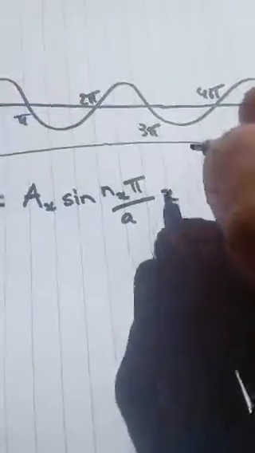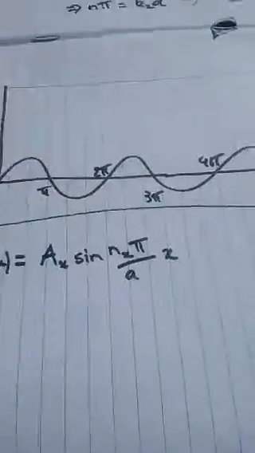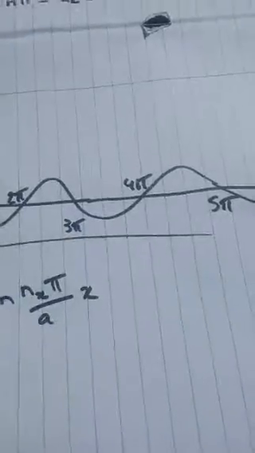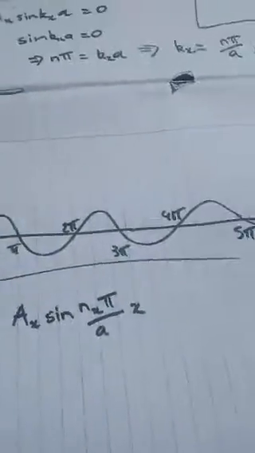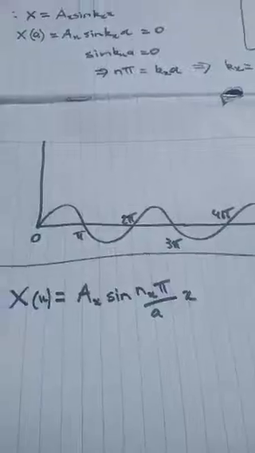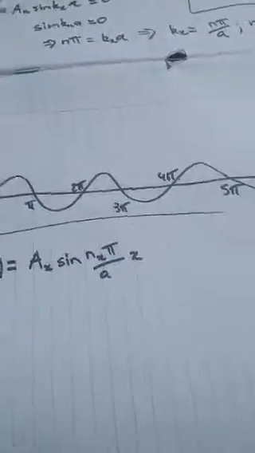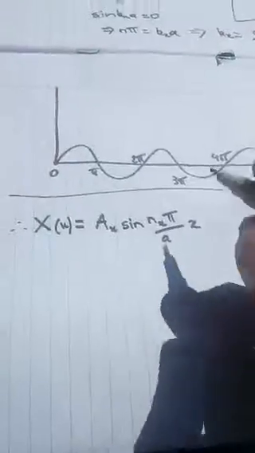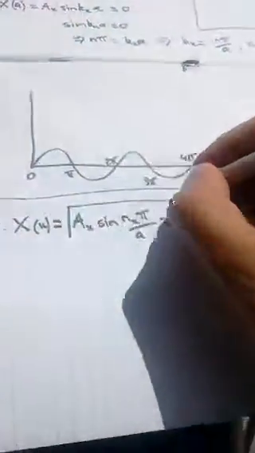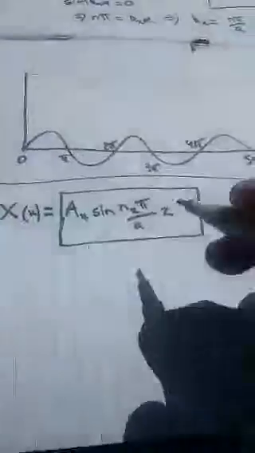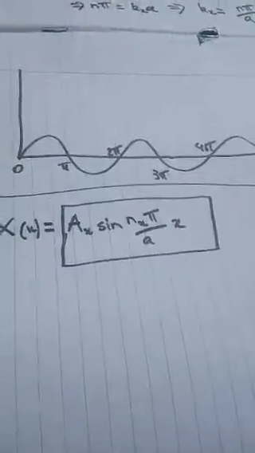And that should be an x there as well. Now, let's make sure I've done this right. I am correct. Excellent. So there you go. So now we have discovered the equation in the x dimension.